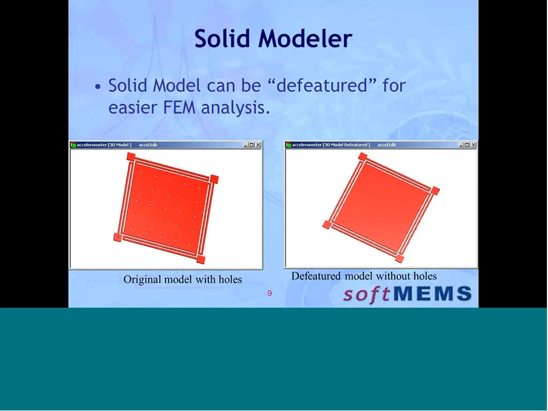And both of those model descriptions are contained within the same tool, so that you can be sure that what you're modeling came from the mask layout that you're going to fabricate, and what you're sending to your finite element tool is something that you are sure has a connection to the layout.